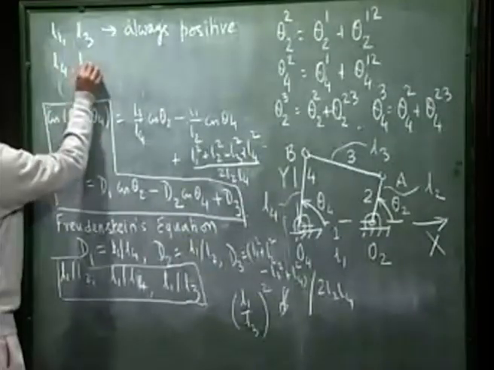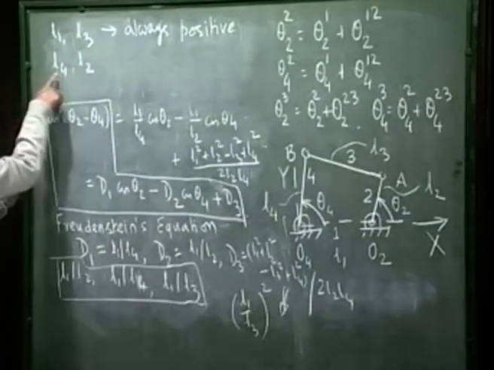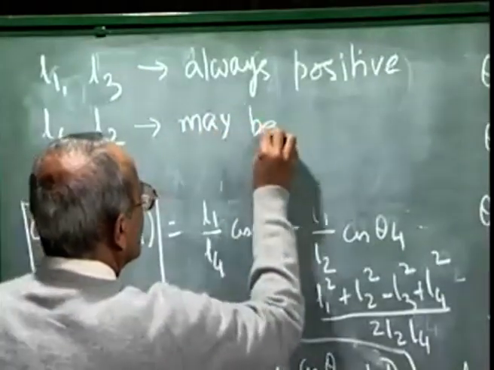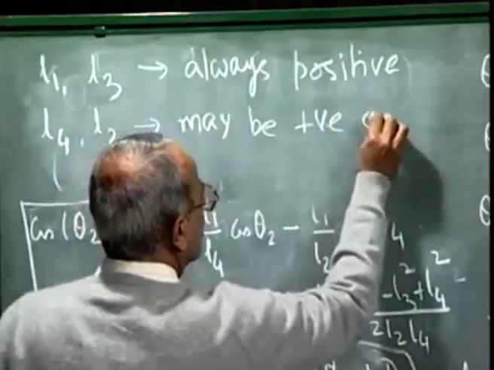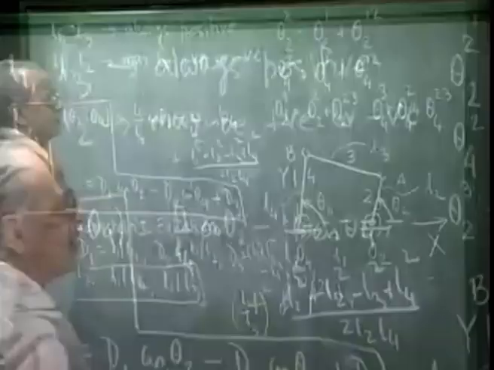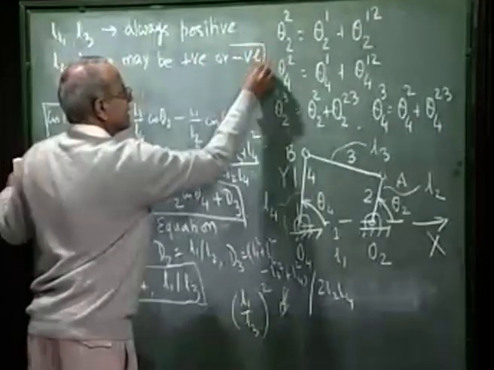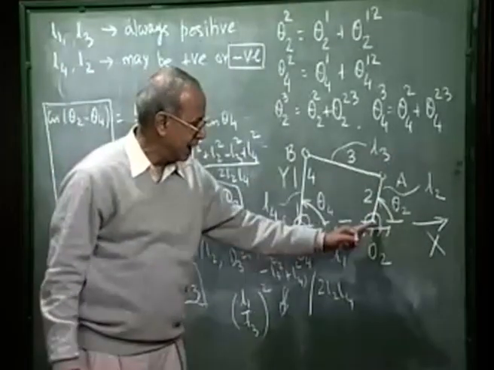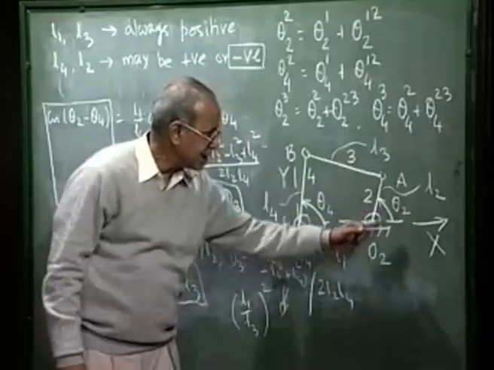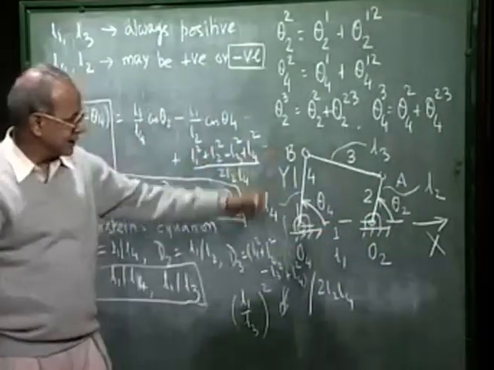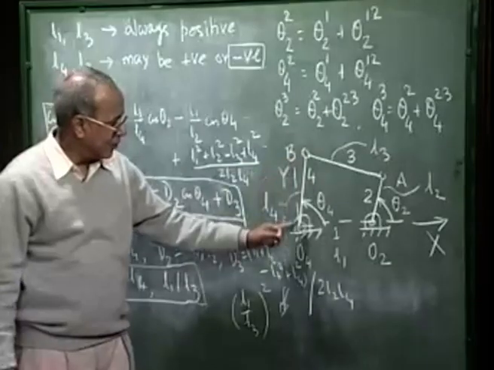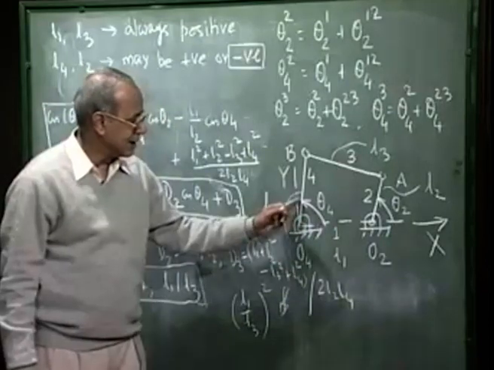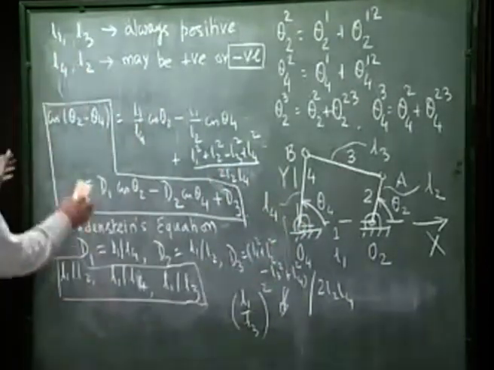So, L4 and L2, that is the input link length and the output link length, may be positive or negative. The negative link length has to be interpreted in the vector sense, that is, we have to think of this O2A in this direction, that is theta 2 changes to theta 2 plus pi. Exactly the same is true for the output length. If L4 is negative, then O4B will be in this direction, that is theta 4 has to be replaced by theta 4 plus pi.